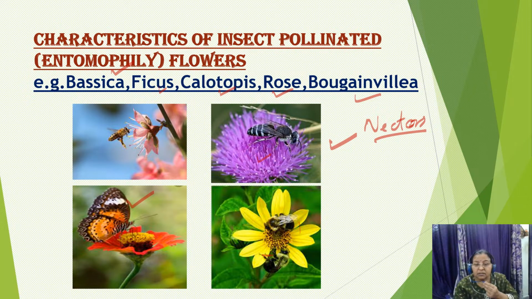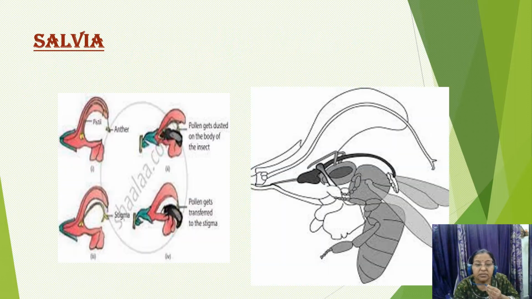They are brightly colored, and there will be beautiful smell also. They will produce fragrance to attract these insects. So these are the characteristics of flower pollinated by insects.